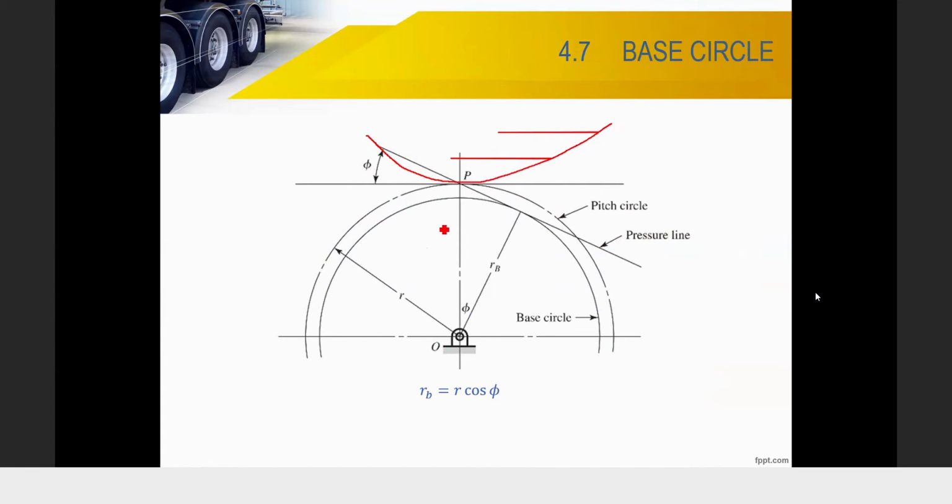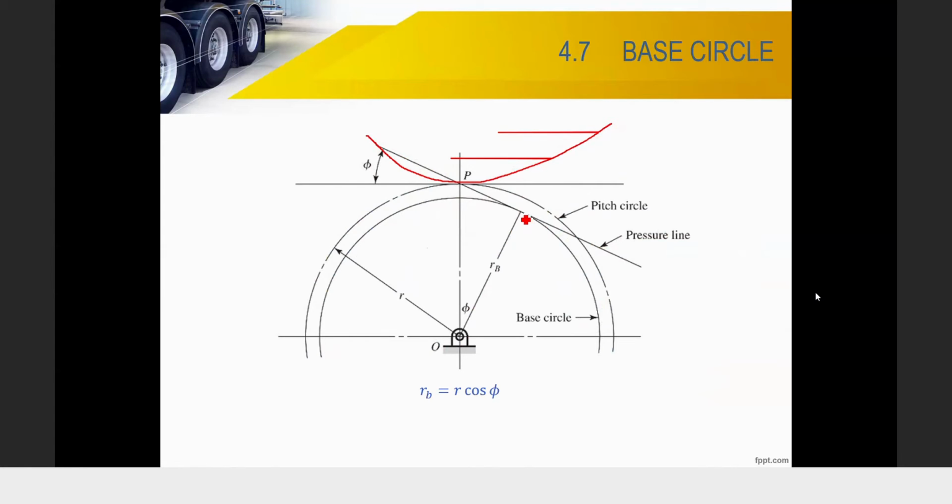The one at the bottom is another circle, which we call the base circle. This is not the dedendum circle, the bottom land of your tooth. The base circle is a little bit up from your dedendum circle.